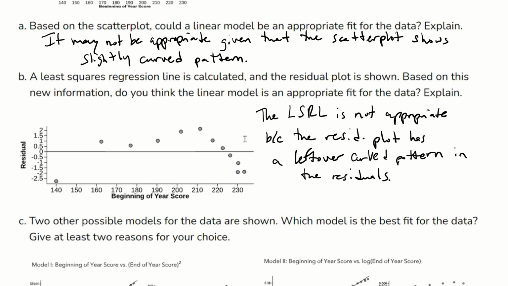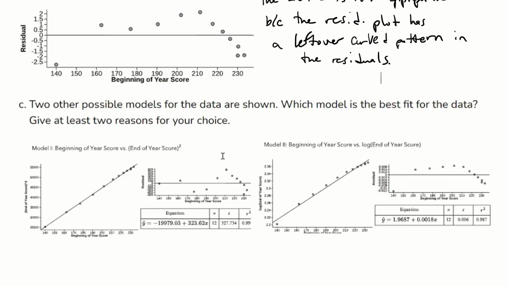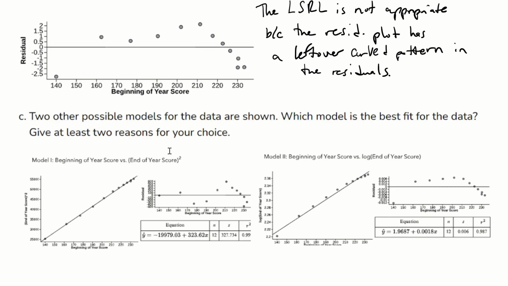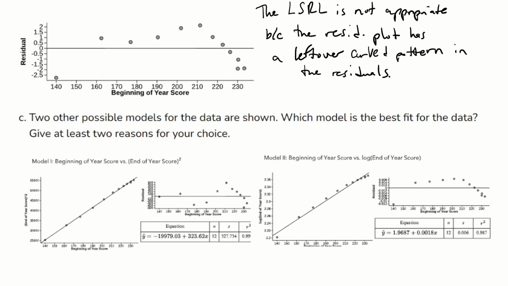Okay, so we see a pattern there, so no, it can't be appropriate. Now, two other possible models for the data are shown. Which model is the best fit for the data? Give at least 2 reasons for your choice.